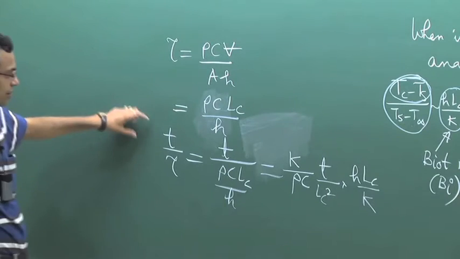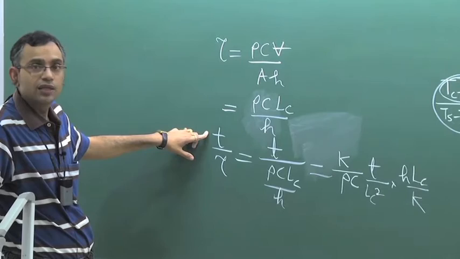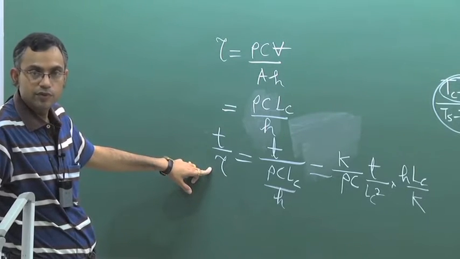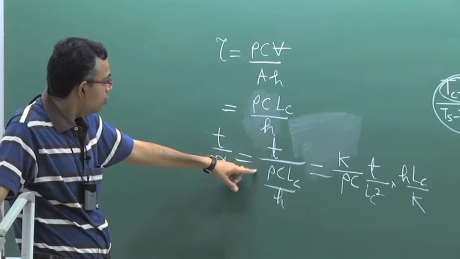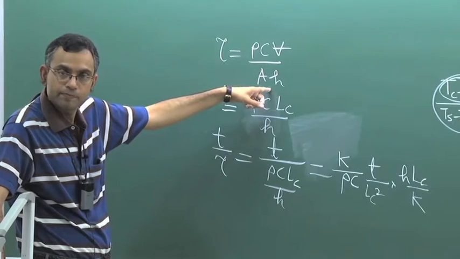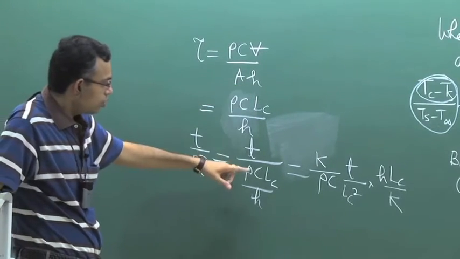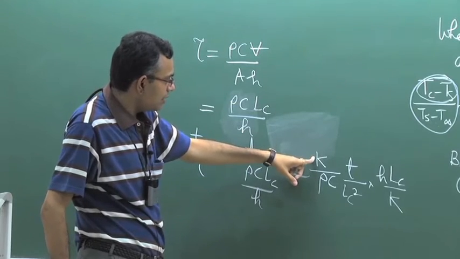So you can just manipulate the algebra and you can write T by tau in this way. So T by tau is T by rho C into LC by H, LC is V by A, okay. So now you can multiply by K.